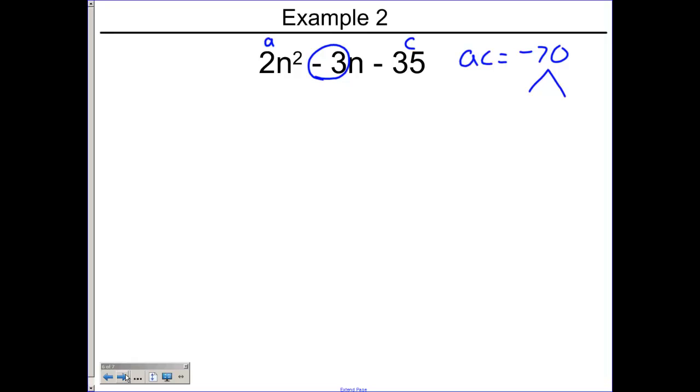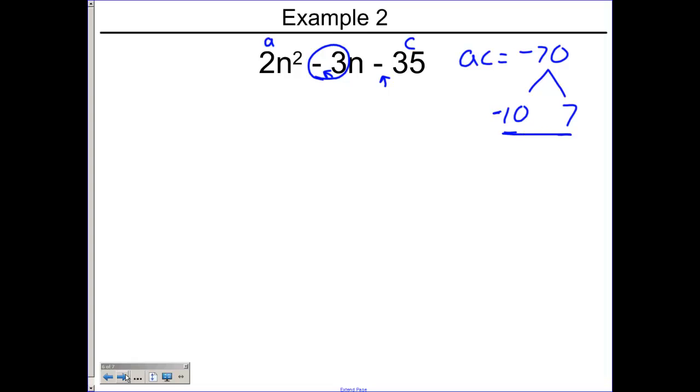And the two factors that come to mind are 10 and 7. So I'm going to put a 10 and I'm going to put a 7. Now, since this is a negative here, I know that one of these two factors has to be a negative and one has to be a positive. And since this is a negative right here, that's telling me that the bigger factor has to be negative. So I have to have a -10.